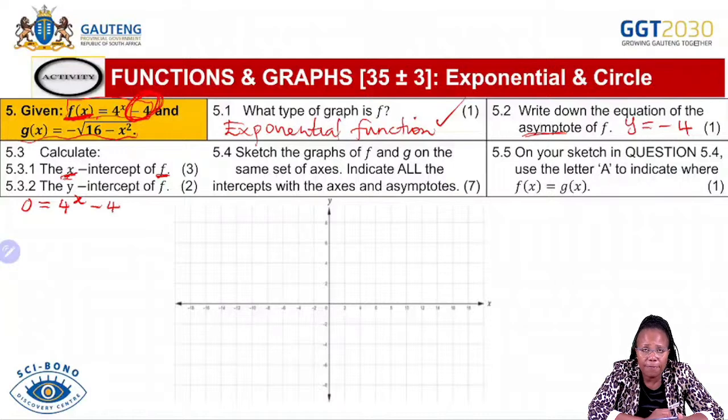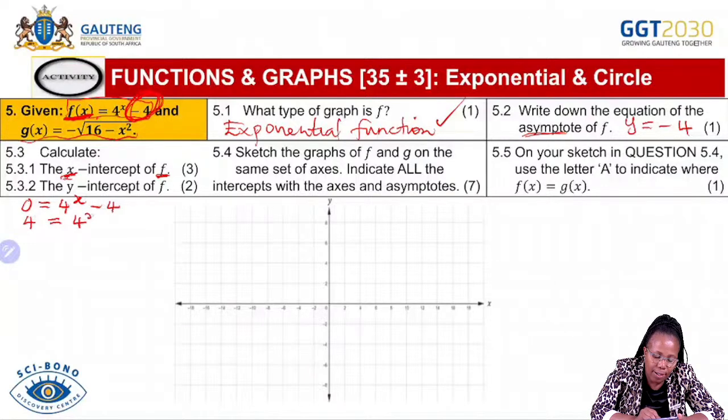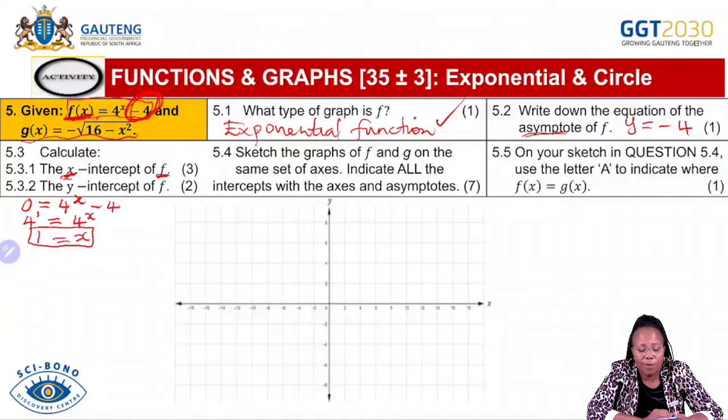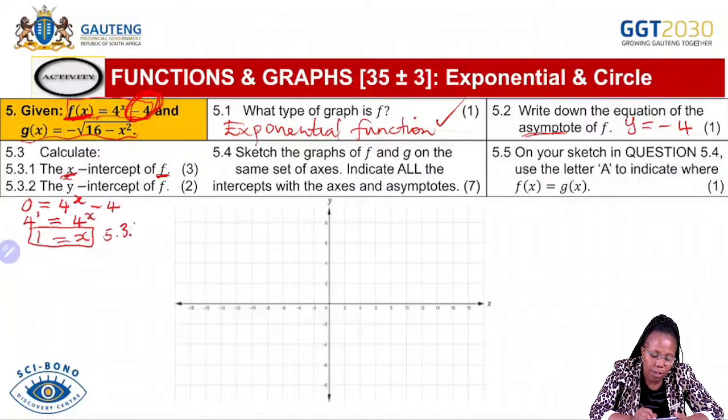Remember, we are solving for x now. We transpose the negative 4 to the other side, so it will be 4 to the power x equals 4 to the power 1. Same base, you equalize exponents. x is equal to 1. That is your x-intercept for question 5.3.1.